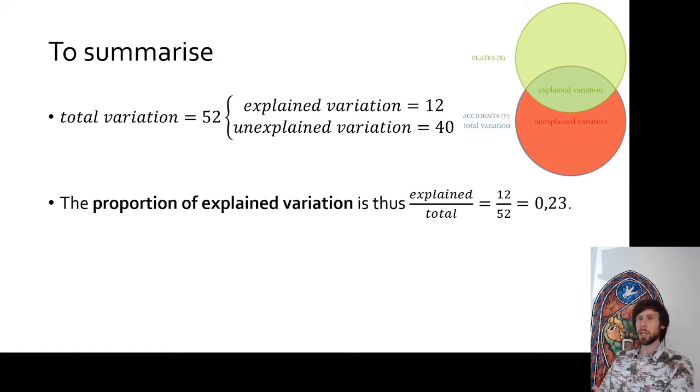This is a bit cruel. I wonder if you could say, well, the plates variable is 23% responsible for the variation in the accidents. That is only if there is truly a causal link, of course. But maybe that feels a bit more intuitive.